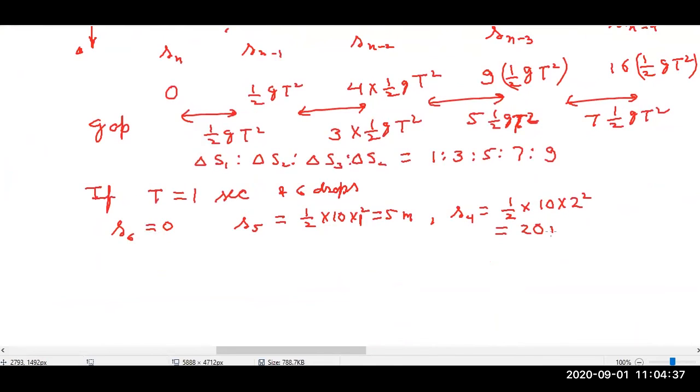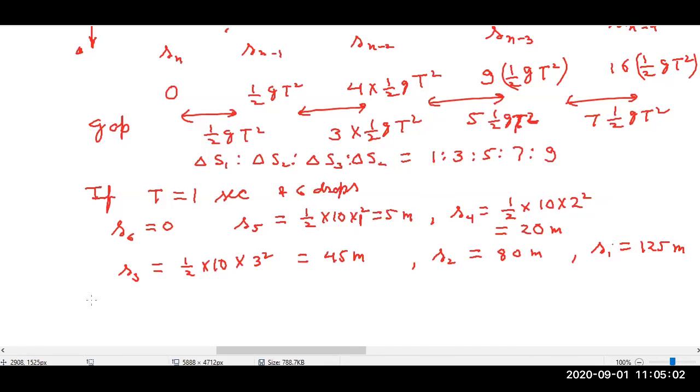Then the 4th drop will be at a depth of 20 meter. The 3rd drop will be at a depth of 45 meter. Then the 2nd drop will be at a depth of 80 meter, and the 1st drop will be at a depth of 125 meter.